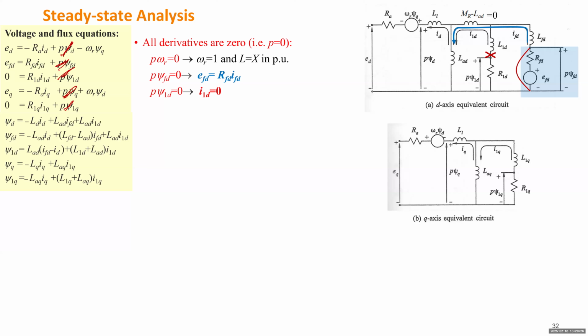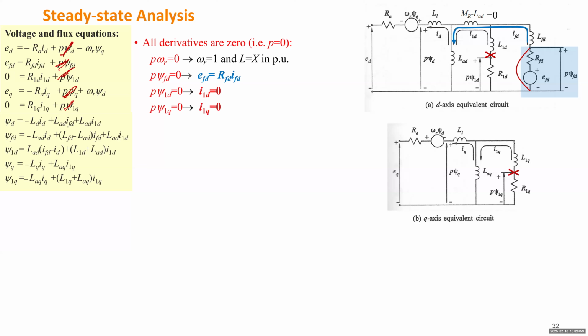If this voltage is zero, there's no induced current. The damper current in the D axis, I1D, will be zero. Because this damper winding current comes from the variation of this flux. Under static condition, there's no variation or oscillation of the rotor, so there's no damper winding current induced. So damper winding current is zero.